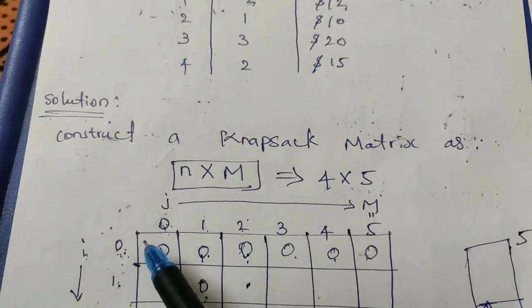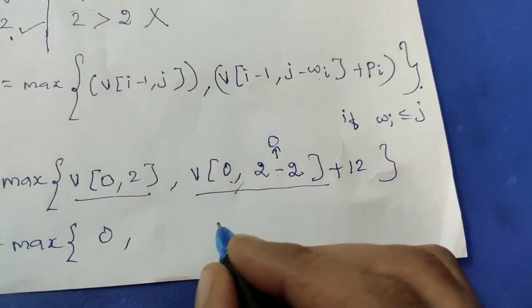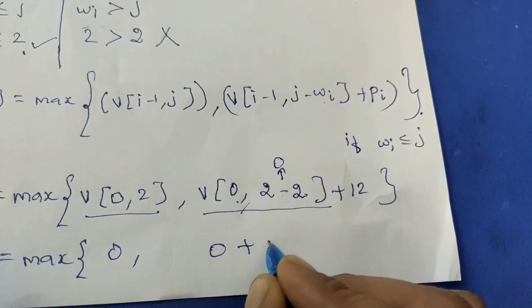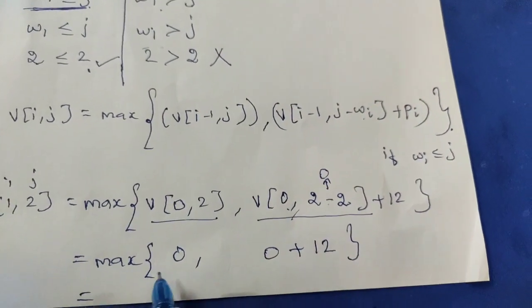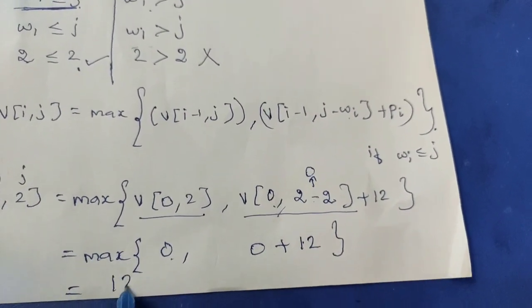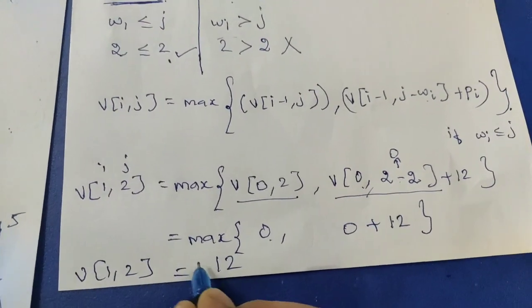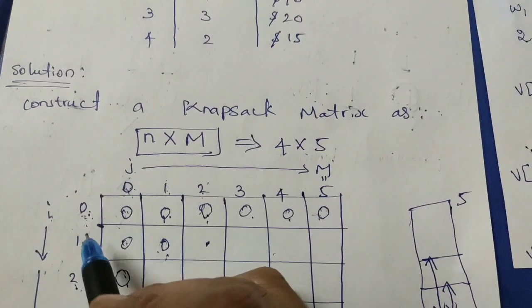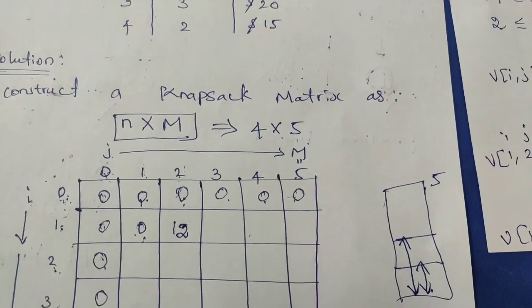If I go here to V of 0, 0, I have the value as 0. With this value, the profit of the first item is getting added, that is 12. So out of these two values, which is the maximum value? 12 is the maximum value. So in the location V of 1, 2, I got the value as 12. So go to your knapsack matrix, in the location 1, 2, fill the value as 12.